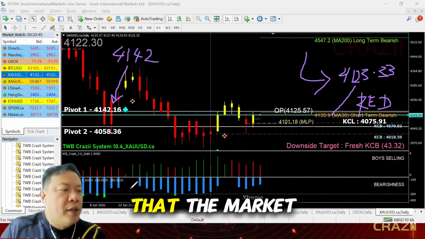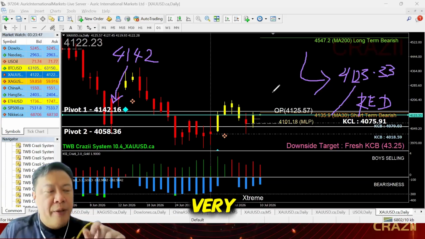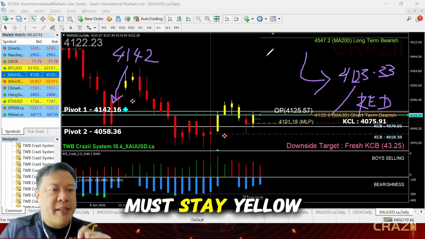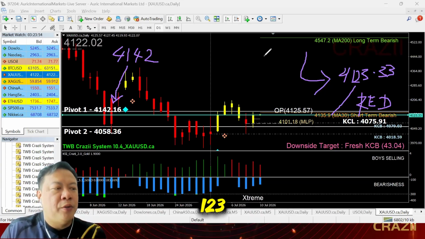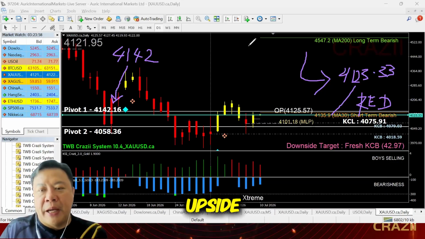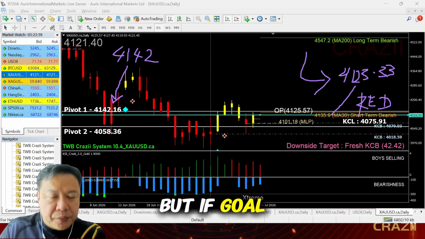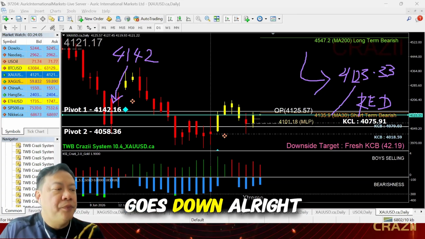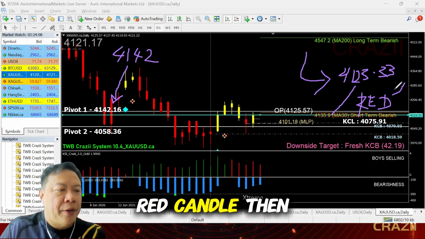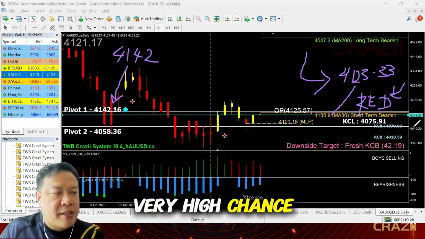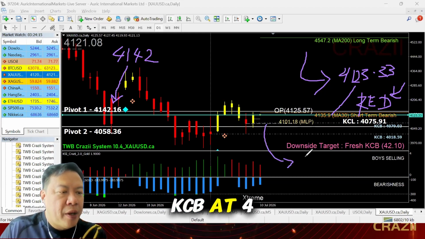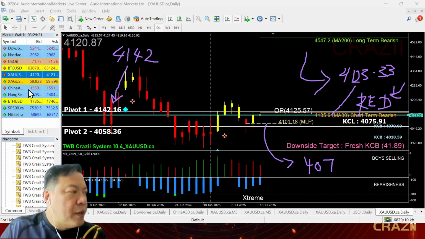So the market today has a very, very important technical level where gold must stay yellow and above 4123 to continue its upside. But if gold couldn't stay above 4123 and goes down and becomes a red candle, then there's a very, very high chance gold will come down to the KCB at 4079.